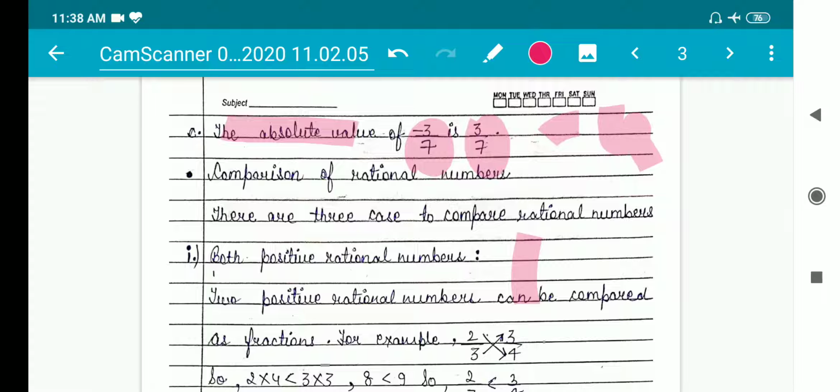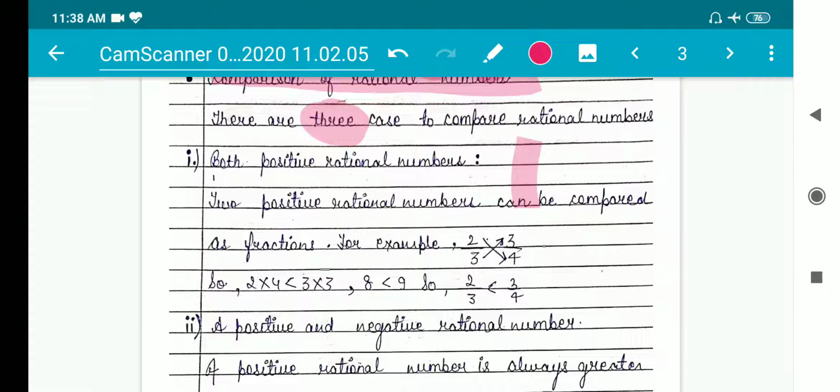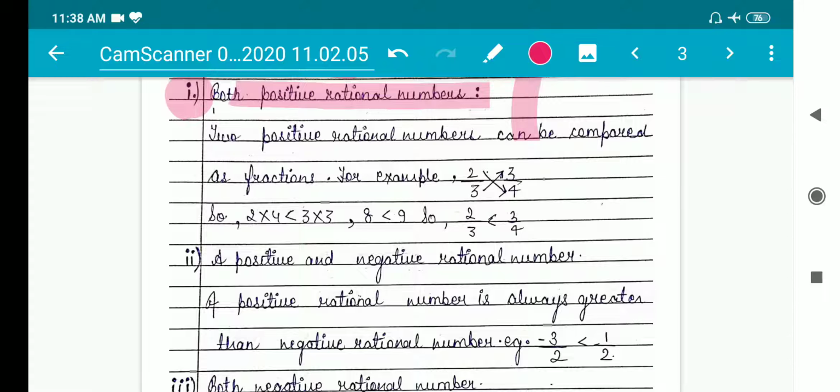Comparison of rational numbers. There are 3 cases to compare rational numbers. First, both positive rational numbers. Two positive rational numbers can be compared as fractions. For example, 2 by 3 and 3 by 4.